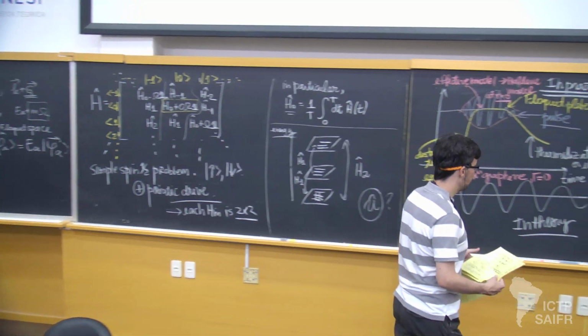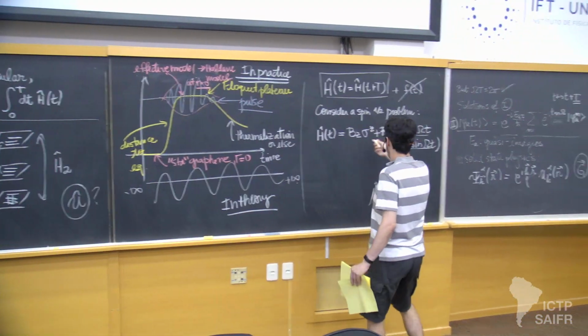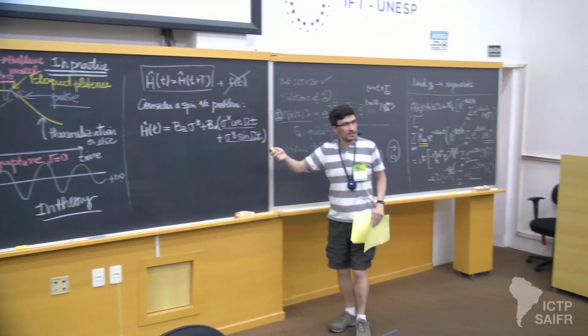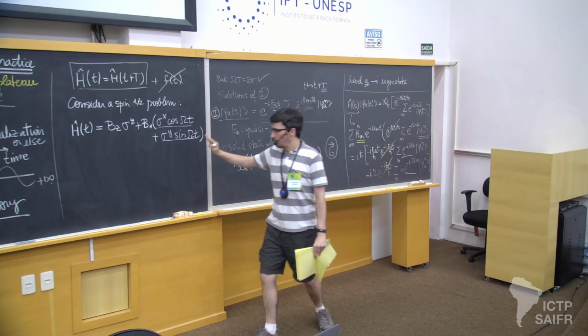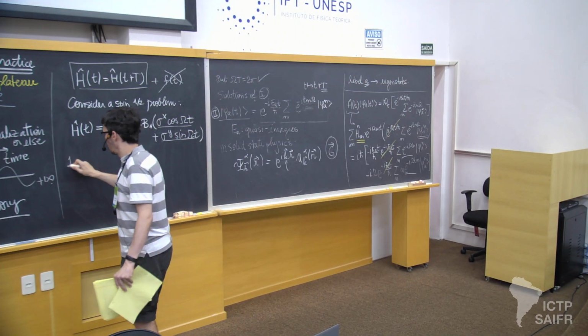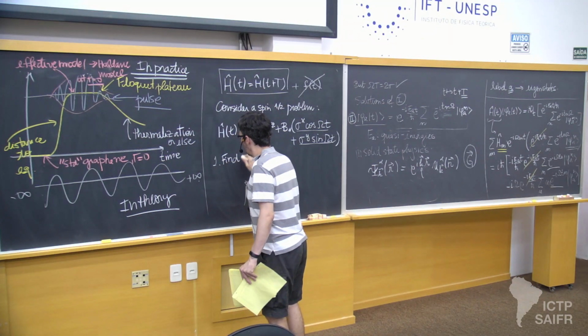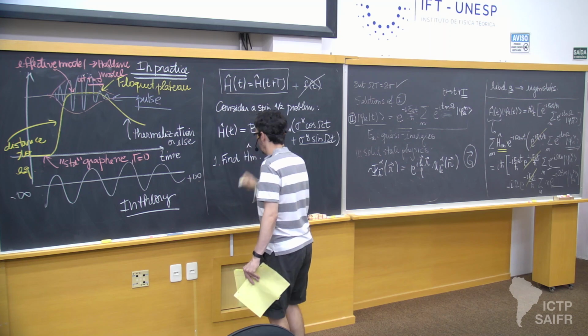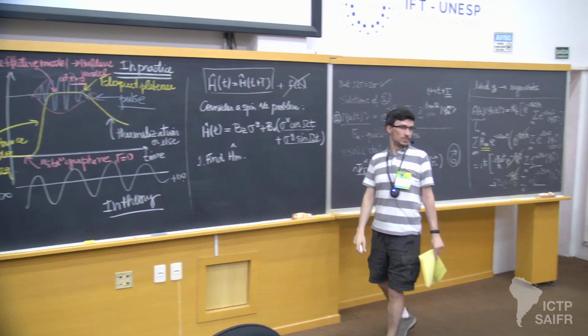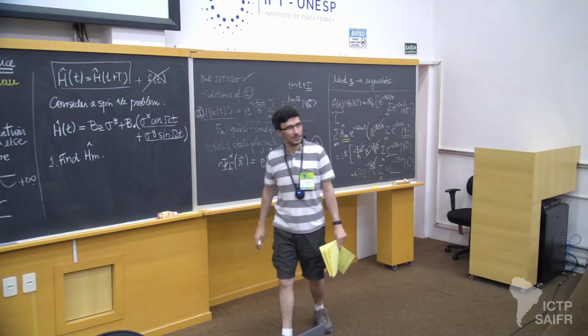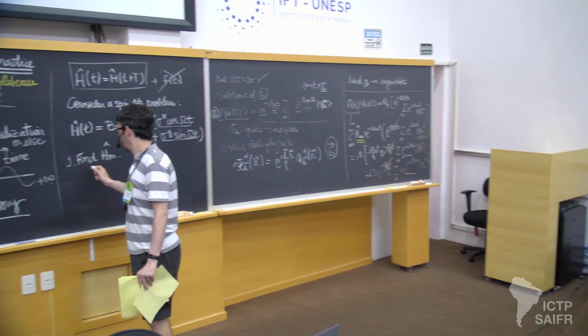The first thing that we have to do, and it's always going to be like this, step number one, is to find H_m. Hopefully this is possible. If even this is not possible, then it's not great.